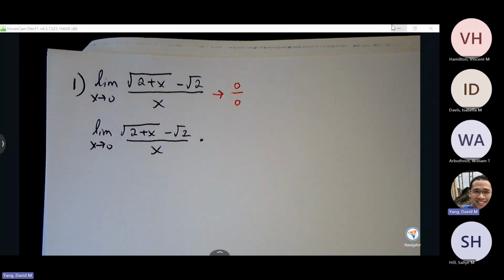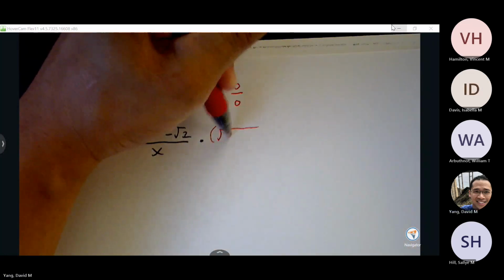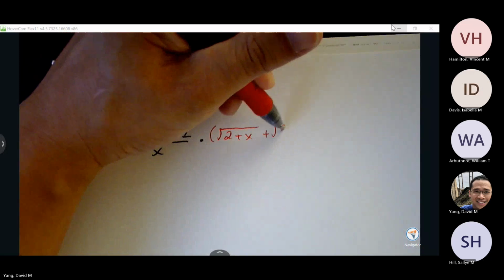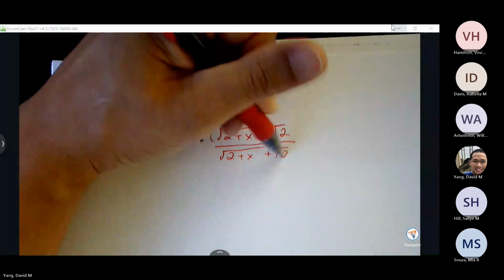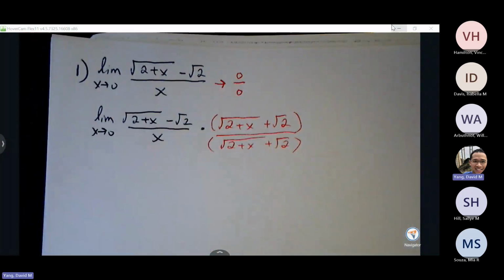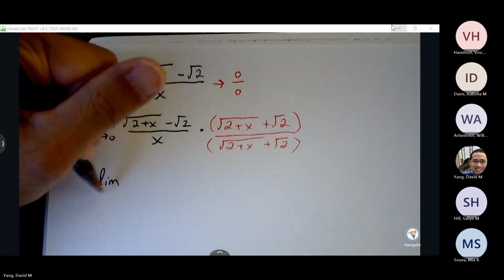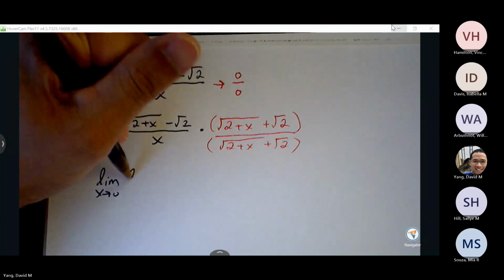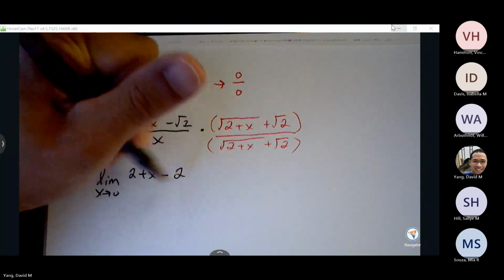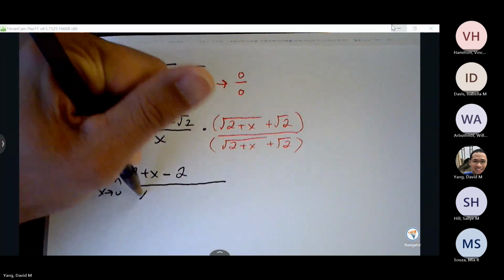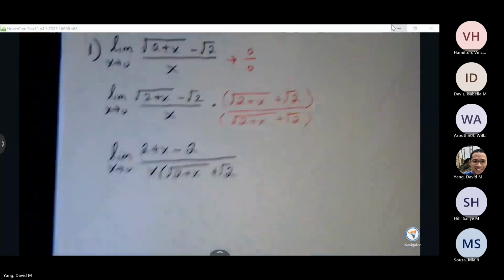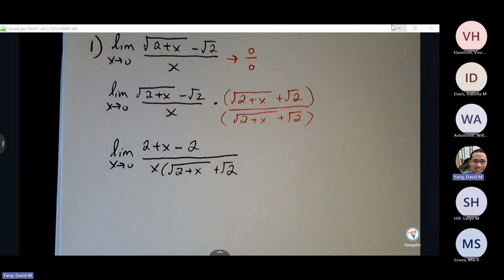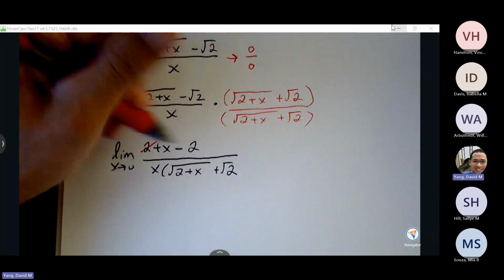Okay, so we go through our conjugate method. Spoil the top, but leave the denominator alone. Okay, we try to combine some like terms. 2 minus 2, that goes away nicely, so that's 0.